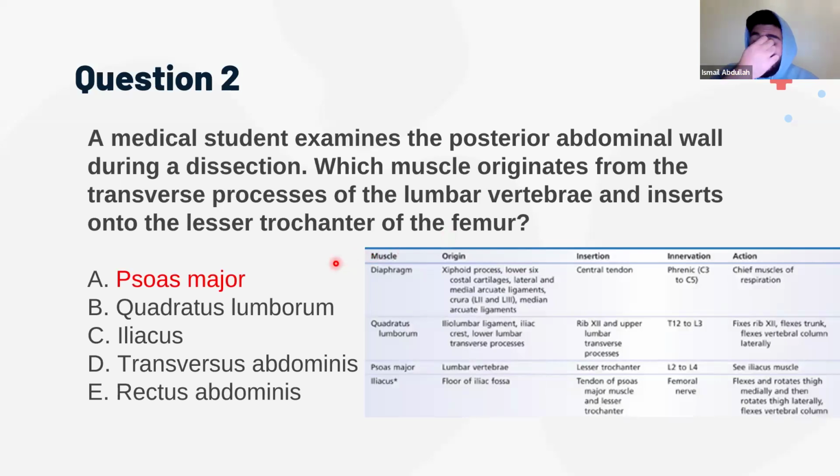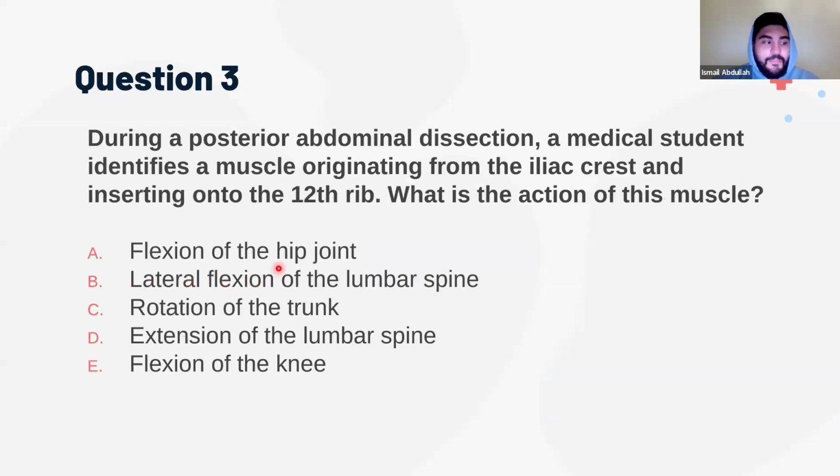From what I heard and from what I've also seen in the slides, these are concepts that you might want to know, because they're in bold and could show up in the exam. So it's very important to know their insertion and their origins. And they're just a few muscles, by the way, so they're not that hectic, inshallah. So it's a psoas major.